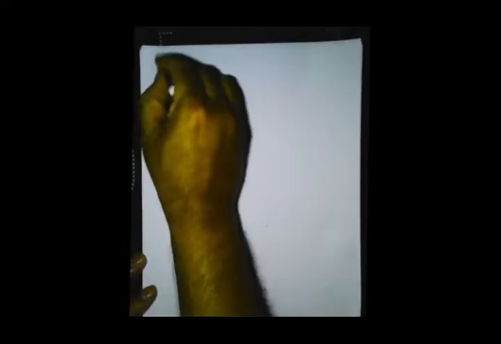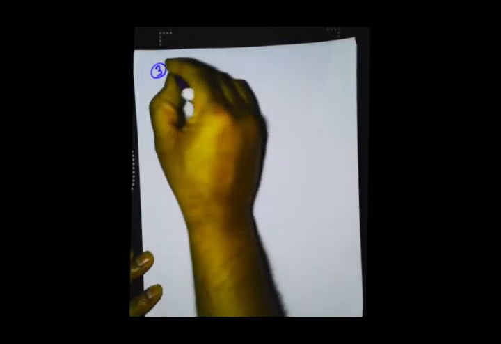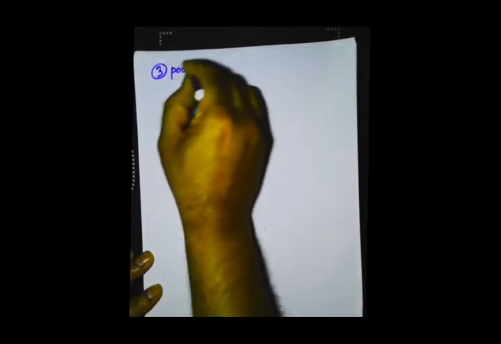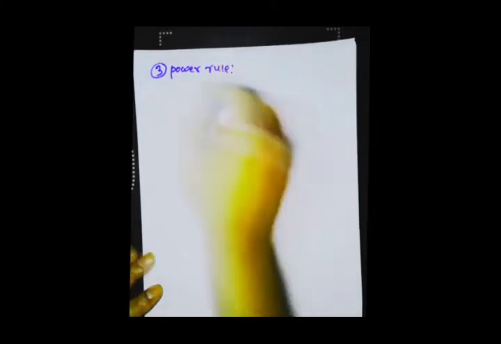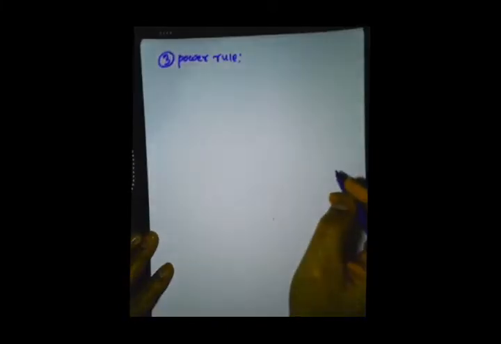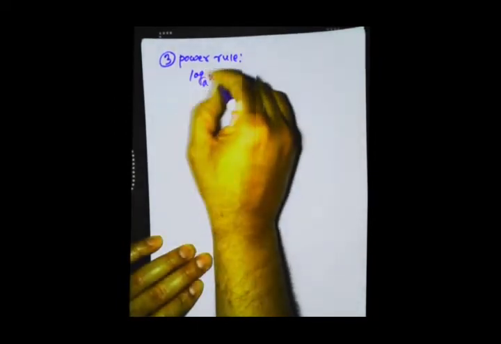We can look for another law. That law is called the third law, and it is called the power rule. In the power rule you can see here log to base a, and there is one number with power m. Then what happens?